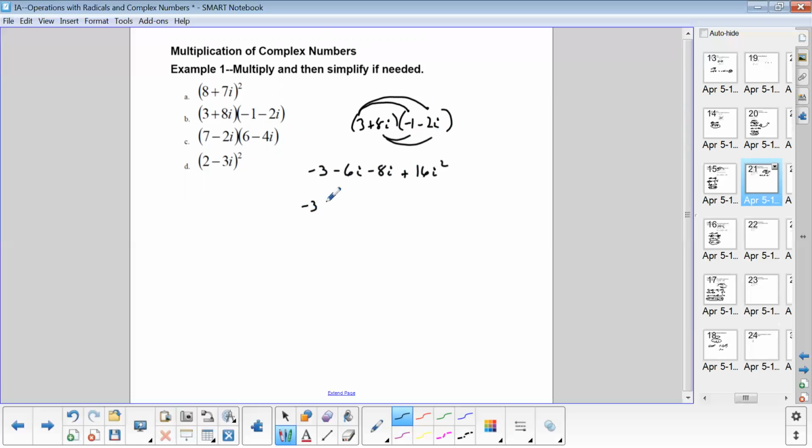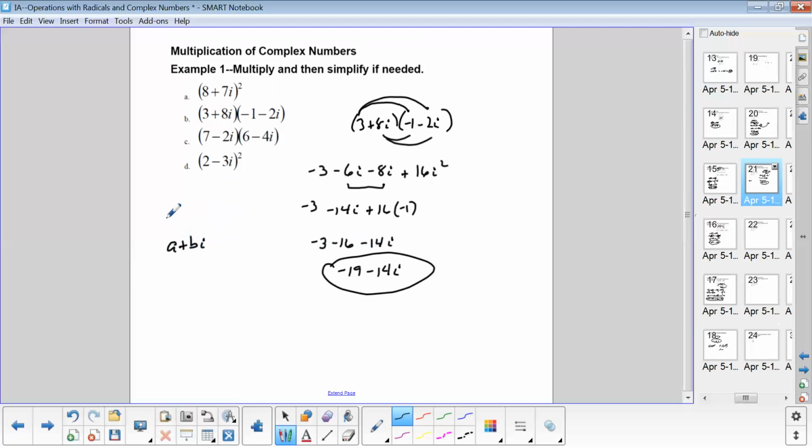So -3, these are like terms, so that's -14i, and then 16 and i squared is -1. So this will be -3 minus 16 minus 14i. So that'll be -19 minus 14i. And notice that the result is written in the form a plus bi for your complex number.